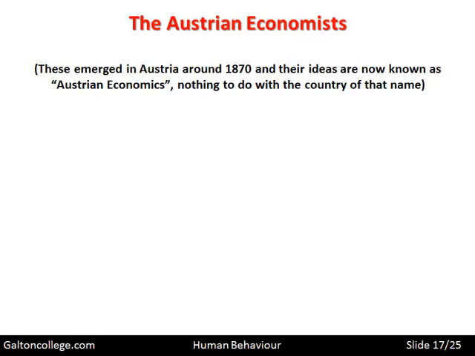It's nothing to do with the name of the country. It's nothing to do with Austria. It's just an idea about predictability and the way in which markets are seen to operate. And they believe that predictability is not possible within economics.